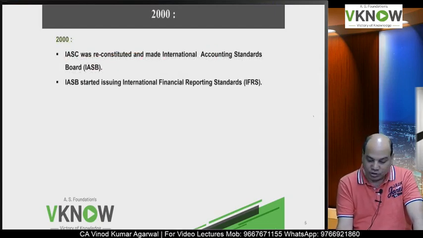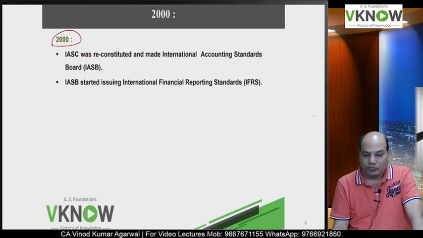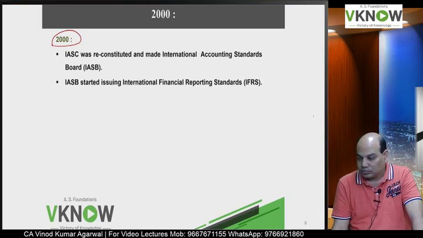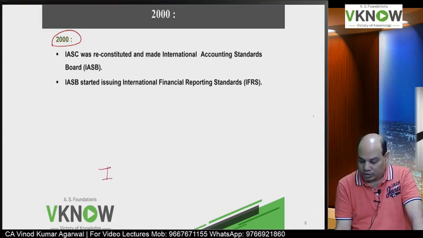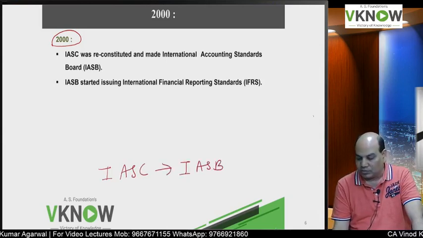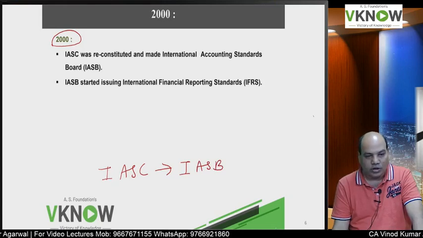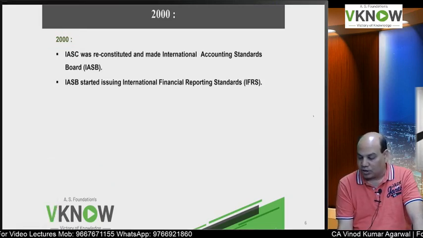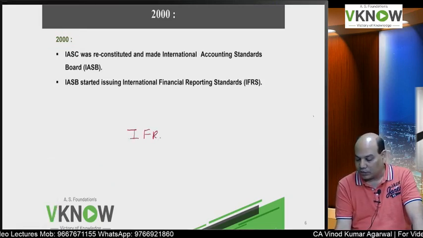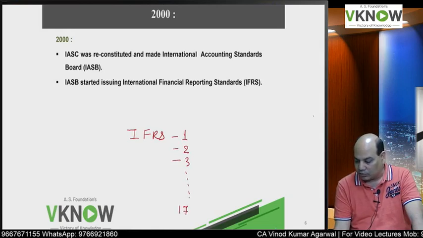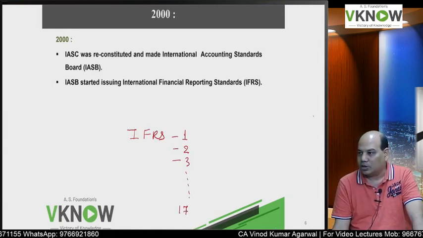Another year which is very important now is the year in which IASB was formed. IASC became IASB now. It was reconstituted. It is called International Accounting Standards Board, and now IASB issues standards which are called IFRS, and the numbering is IFRS 1, IFRS 2, IFRS 3, and till now 17 IFRS have been issued.